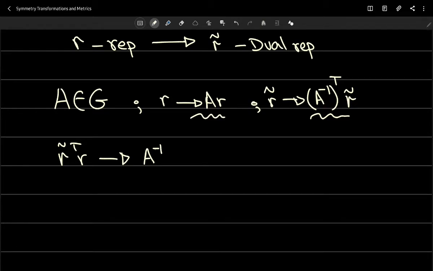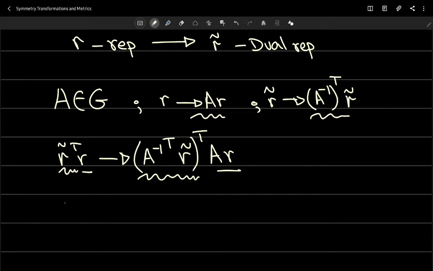So it would transform as A inverse transpose R tilde, and the transpose of all of this, times A R, right? So this R tilde transpose is this thing, and this R is this thing. So this is how they would transform, right?